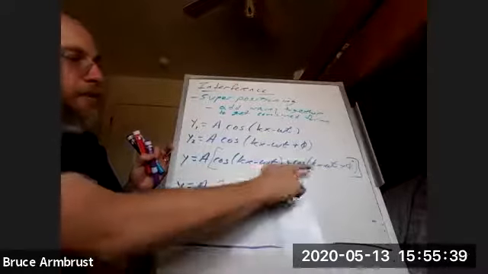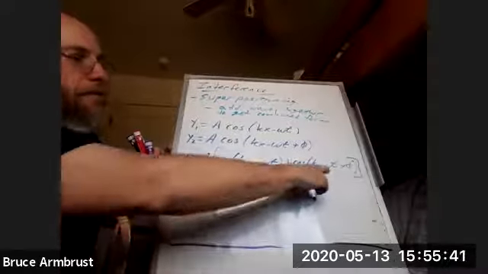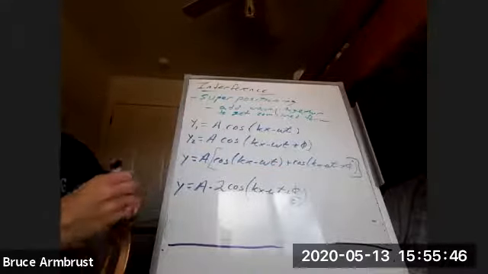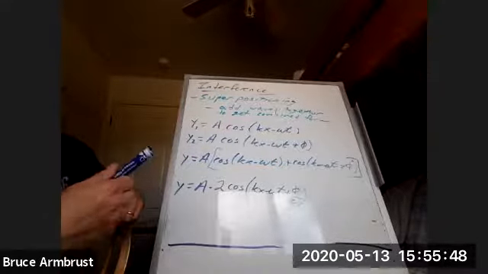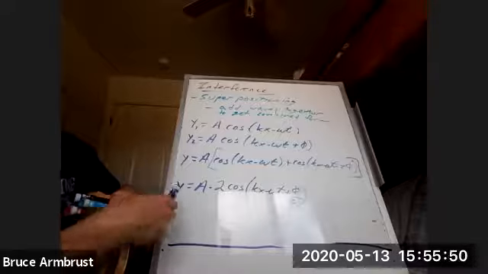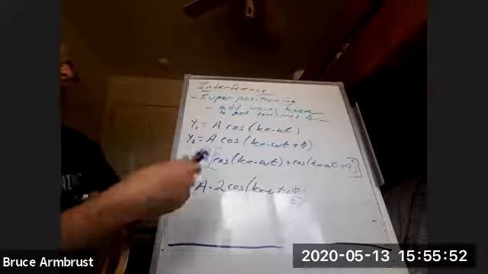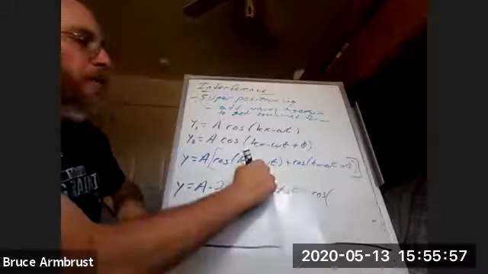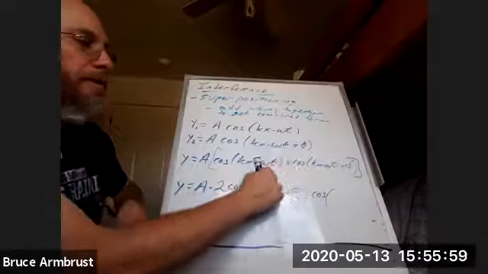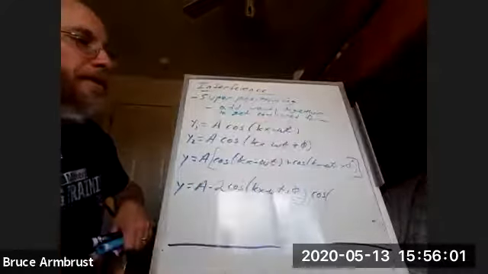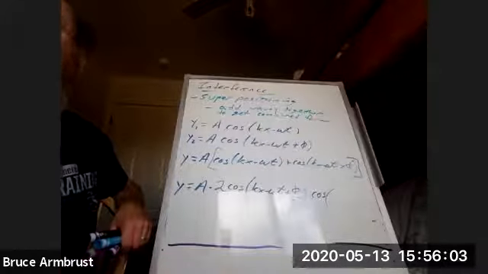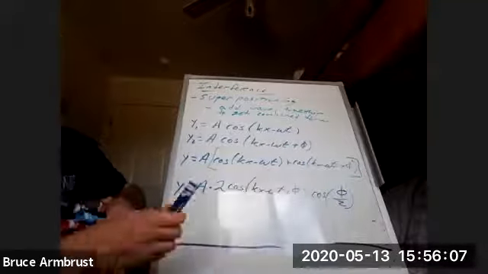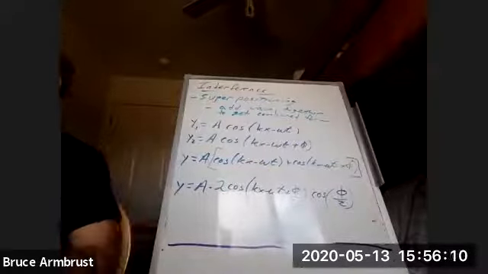Right, because you're going to get 2 kx's and 2 omega t's. So when you divide those by 2, the 2 goes away. And then you also get the cosine of half the difference of them. Well, if we subtract one from the other, the kx and the omega t are going to go away. So all we're left with is the phi. And so we get cosine of phi over 2.